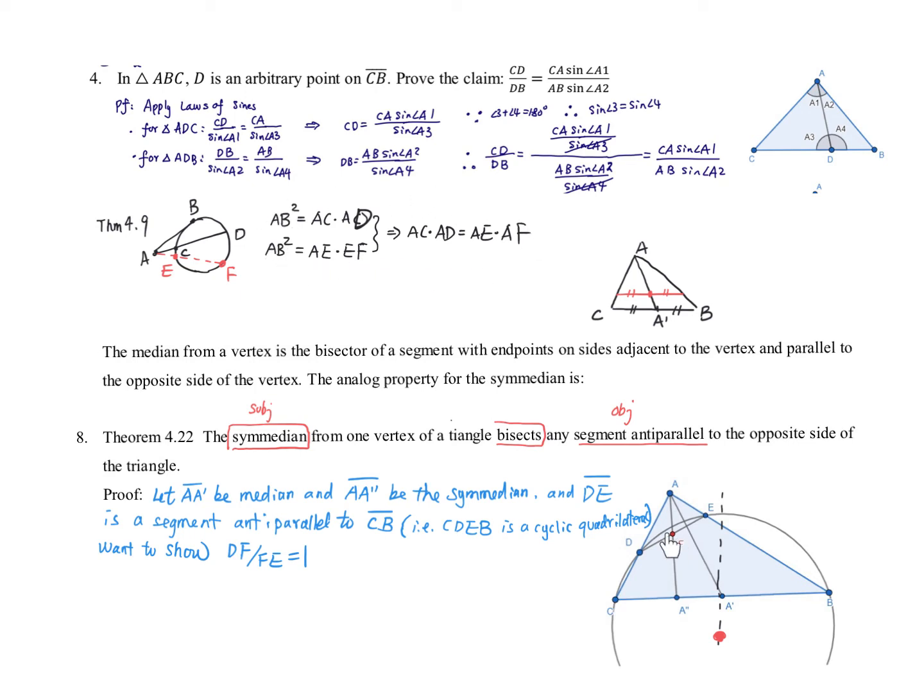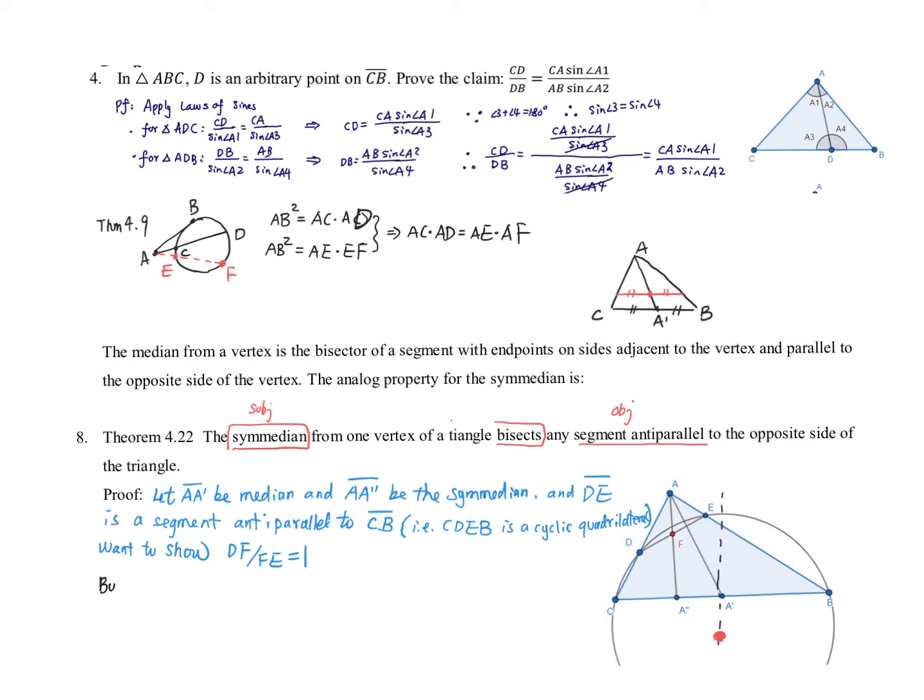So basically, if you look at this shape, according to what we just discussed, we will know AD times AC equals AE times AB. That's what it says. So this actually comes from Theorem 4.9, so I'll begin with that.